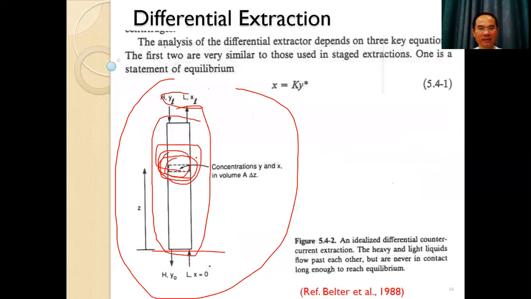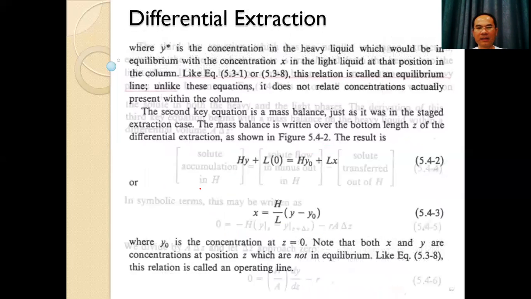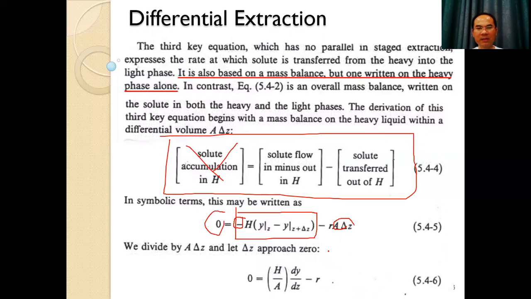Volume is the cross sectional area multiplied by the increment delta Z. Next we divide this by delta Z and let delta Z approach 0.